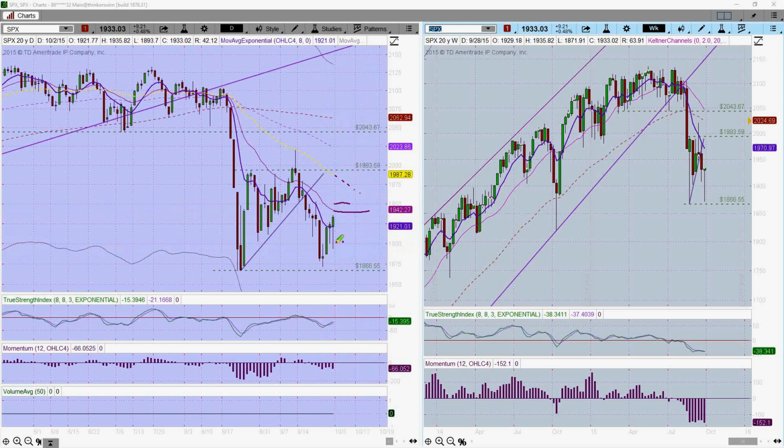Ultimately, I could envision the emotional trading taking us back up to the highs or around the highs of this shooting star candle, and then a move up to there, and then potentially a move back down, with this level between just about 2020 down to 1875 being a new range for prices to move.